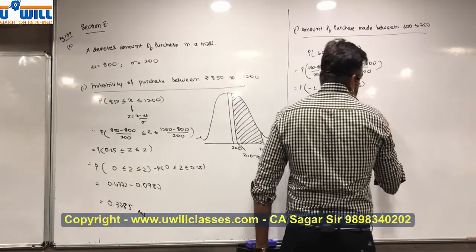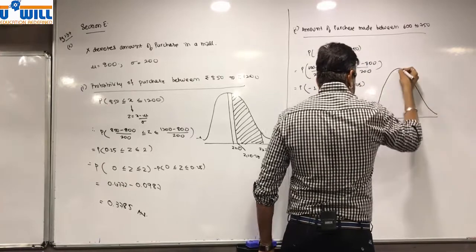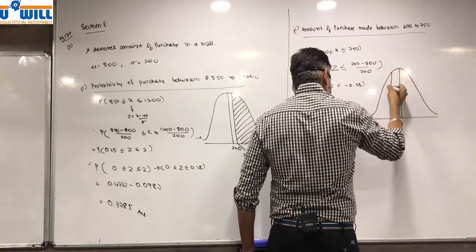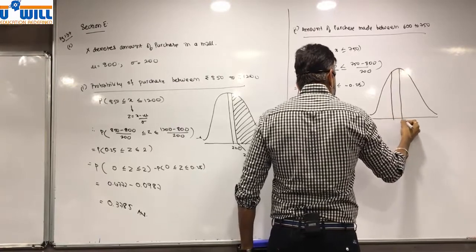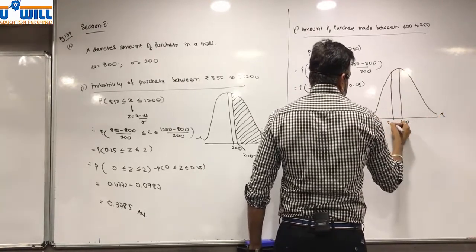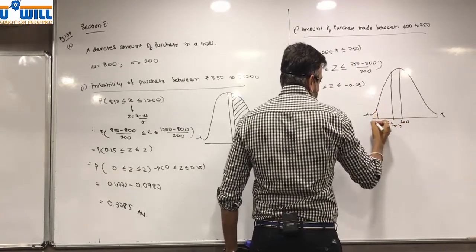Now again we draw the graph, very important. Negative, Z is equal to 0, Z1 is minus 0.25 and minus 1.